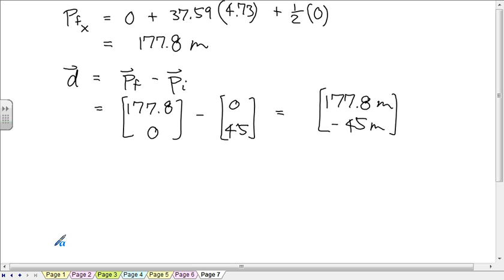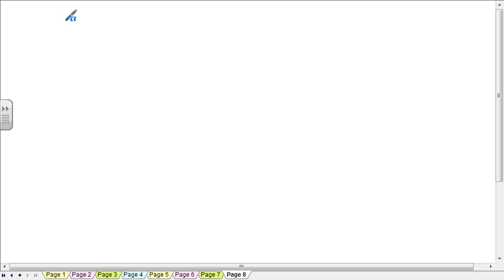All right, the last thing I want to talk about in 2D kinematics is interpretation of acceleration in 2D, because there's something new that happens in 2D that didn't happen with one-dimensional problems. So, 2D accelerations.